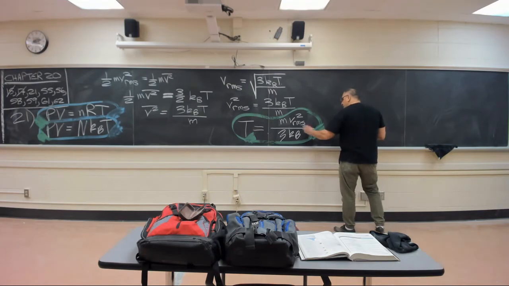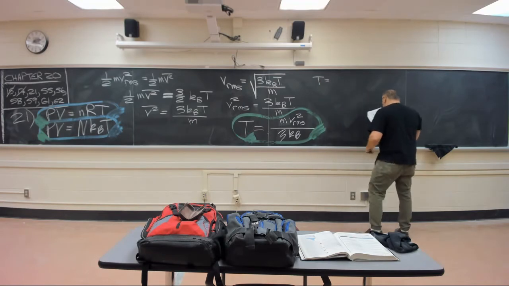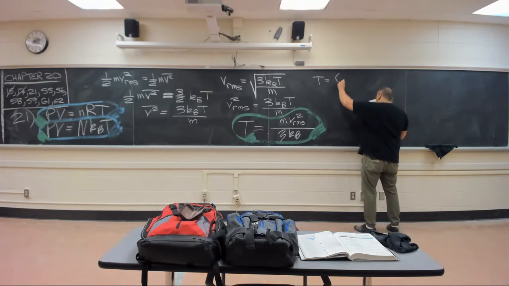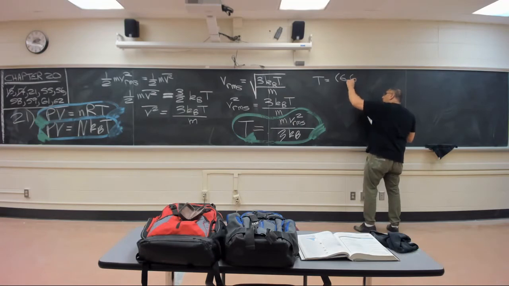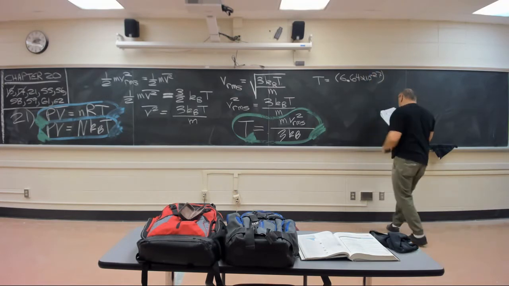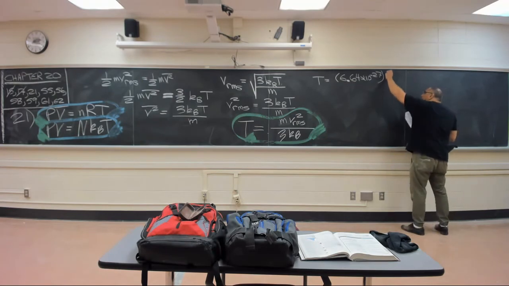Basically, at that point, just plug in all the values that you know. So let's solve for T, and this might be of use to us down the road. If they ever ask you how to solve for T, we're doing it anyway, even if we don't need it. We are told that the mass of the helium is 6.64 times 10 to the negative 27. That's the mass of each particle.